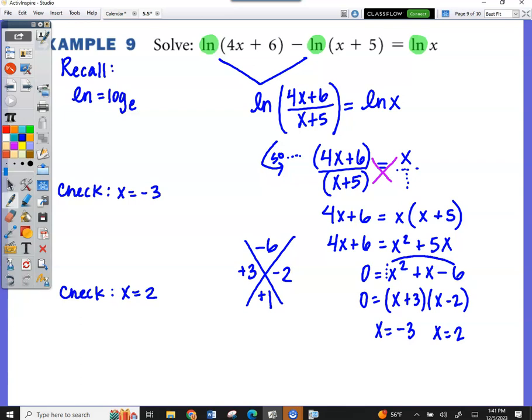If you're worried you did that wrong, then check it in the original given problem. It's up to you. So that would be ln of (4 times -3 plus 6) minus ln of (-3 plus 5) equals ln of -3.